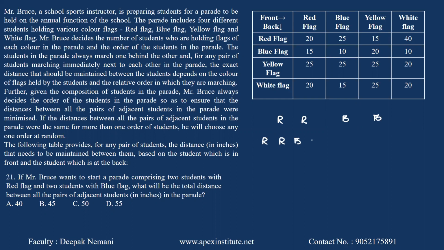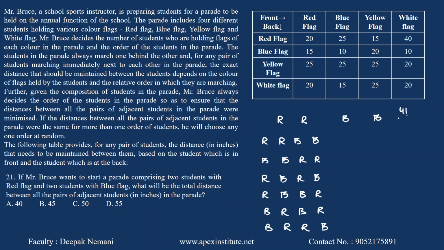RR, BB, or BB, RR, then RB, RB, RB, BR, then BR, BR, BR, RB. Now, did we miss any other arrangement? Total arrangements will be 4 factorial by 2 factorial into 2 factorial, which is 24 by 4, which is equal to 6. Okay, so we have considered all the 6 possible arrangements.